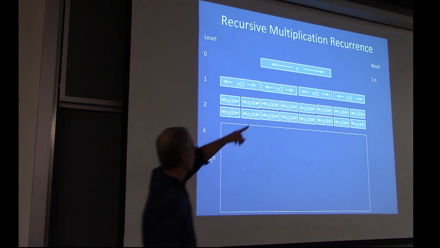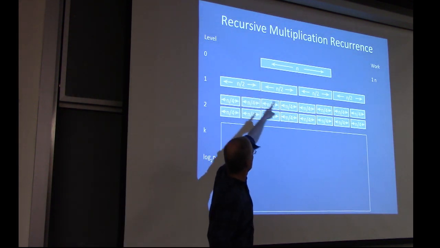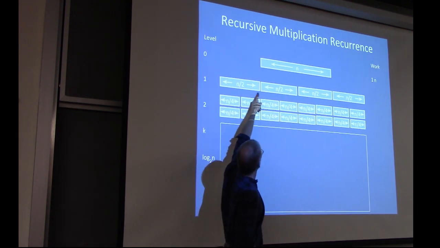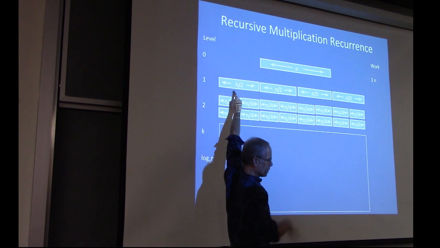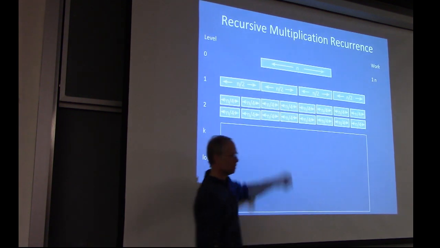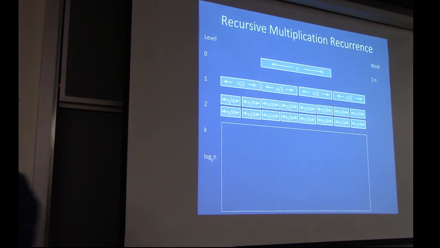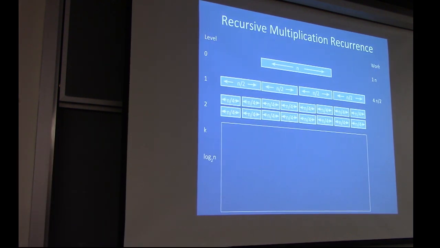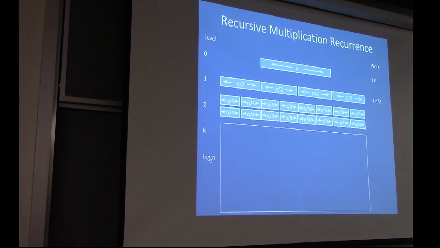If we did work proportional to n to deal with a pair of n-bit numbers, how much work will it require to deal with a pair of n over 2-bit numbers, not counting the recursion? n over 2. But there's 4 of them, so the total amount of work across all the recursions at that level is 4 times n over 2. What's going to be at the next step? 16 times n over 4.